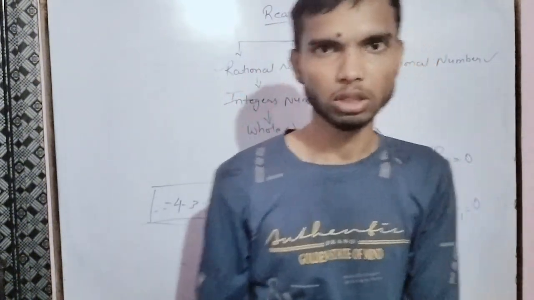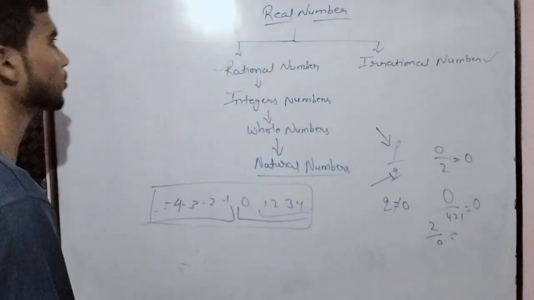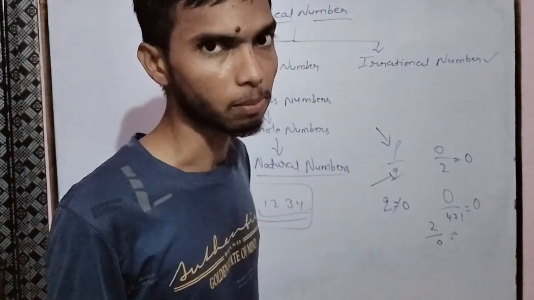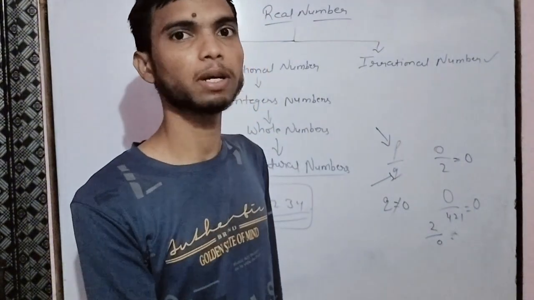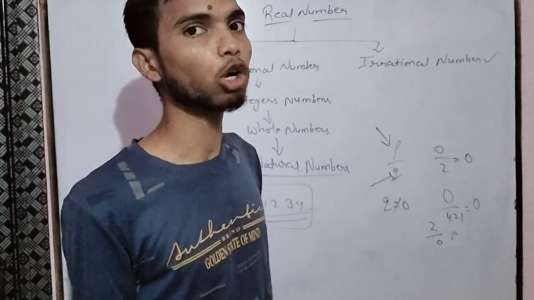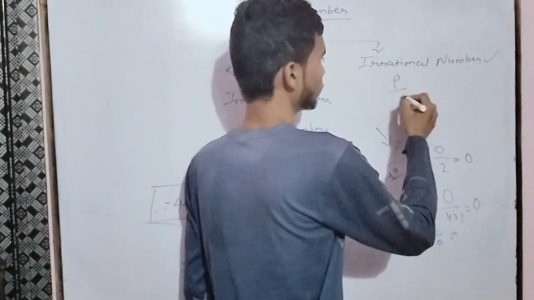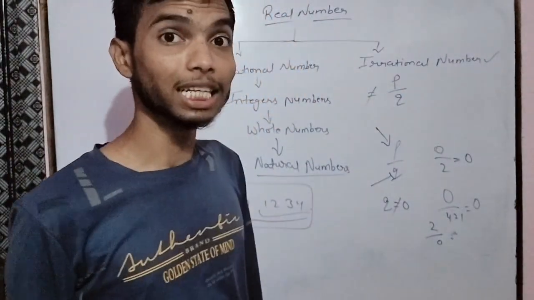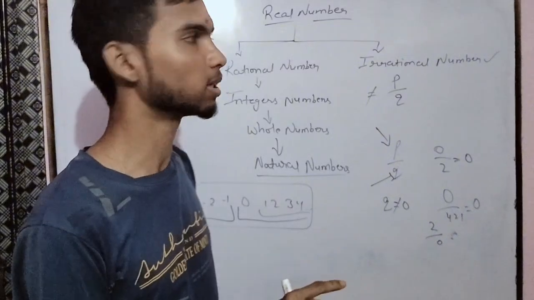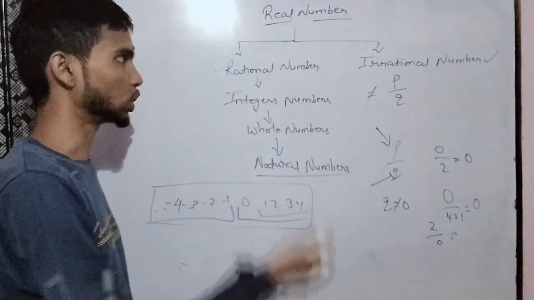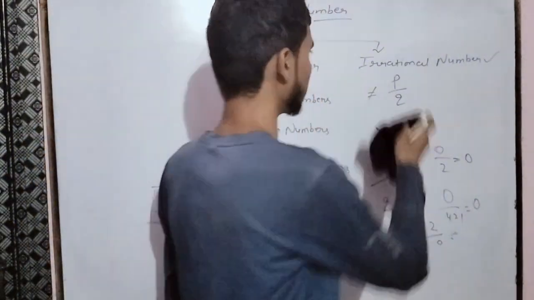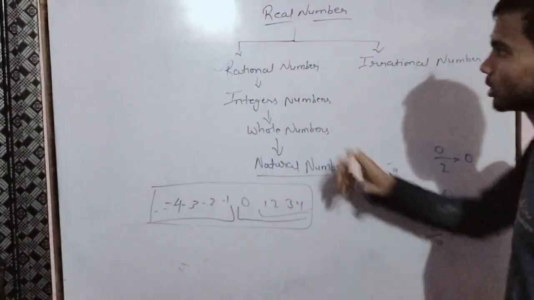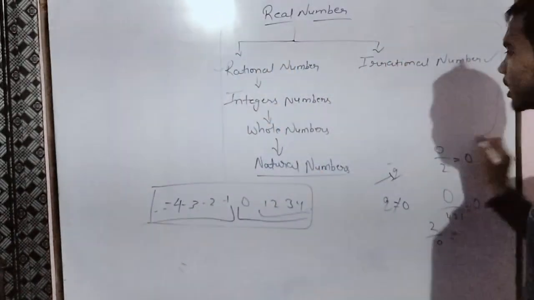Whatever number you take, if it cannot be represented in the form of p upon q, then those types of numbers are irrational numbers.